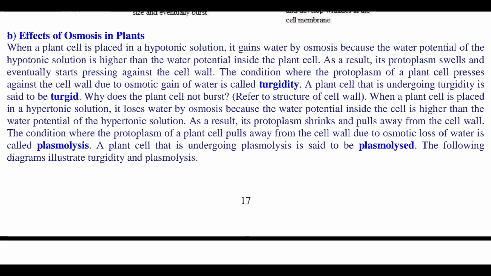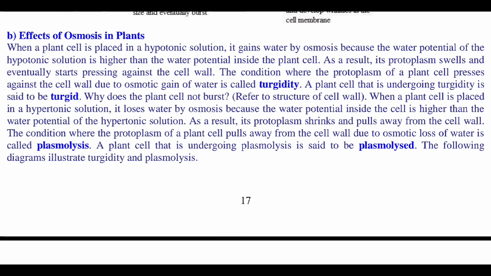The water potential inside the cell is higher than the water potential of the hypertonic solution. Remember, if you have high water potential, then in terms of concentration, you have lower what? Lower concentration. If you have lower water potential, you have higher concentration. It's opposite. Okay?